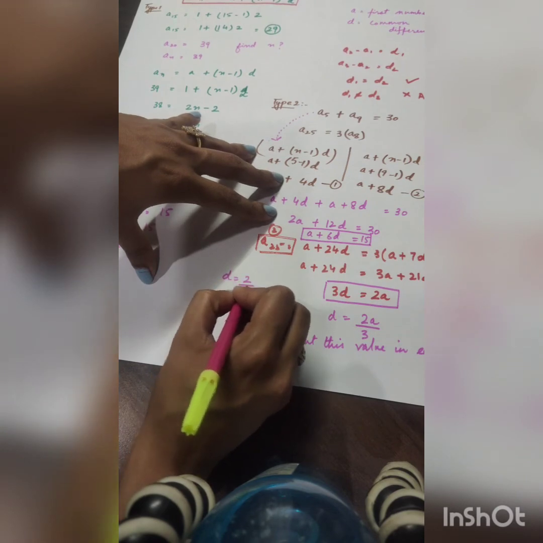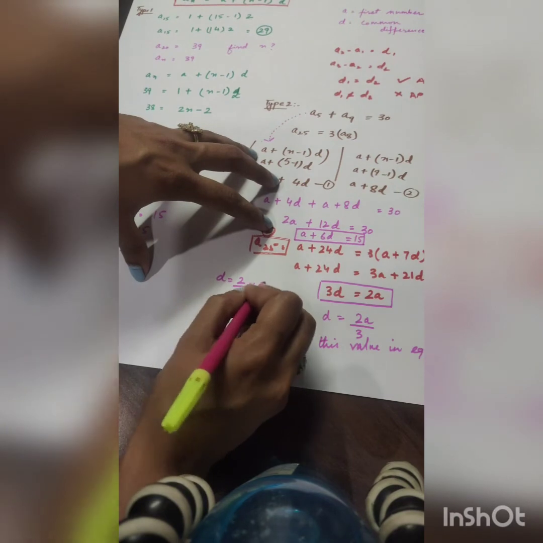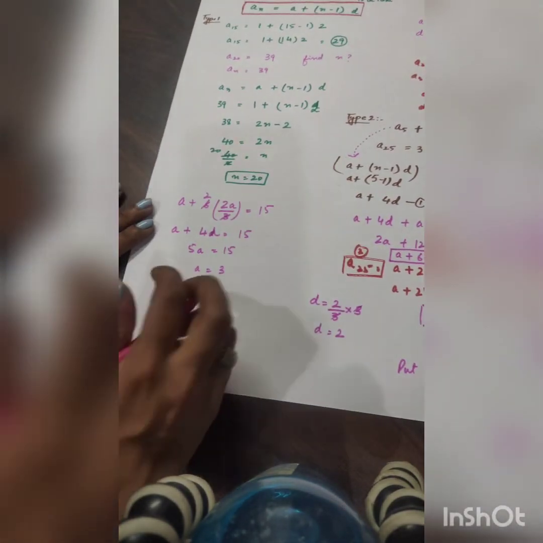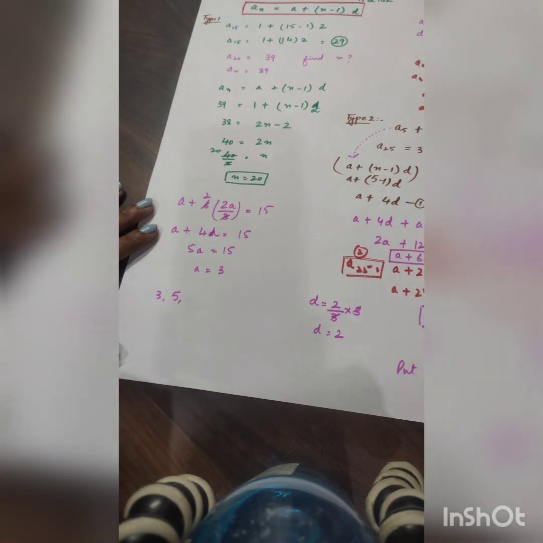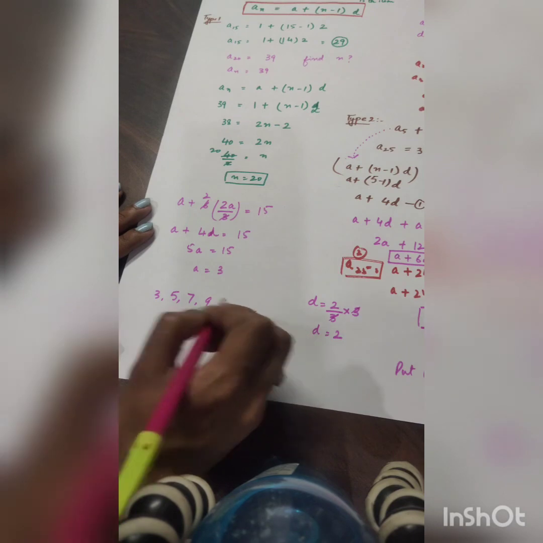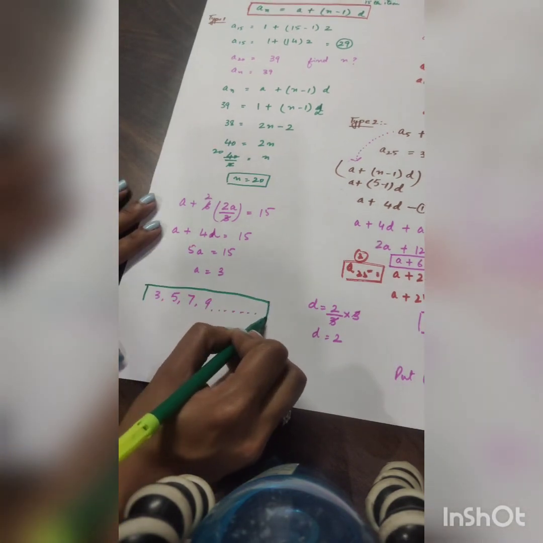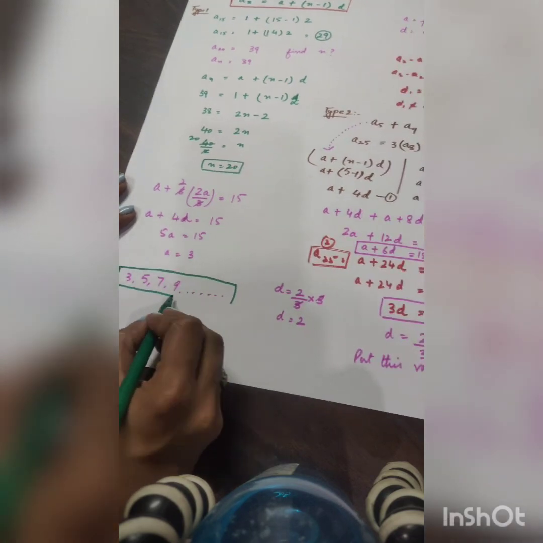D is equal to 2 upon 3 and the value of A is 3, right? So D comes to 2. Now just add 2 to 3 gives you 5. Then add 2 to 5 gives you 7, 9 and so on. So the resultant is that this is your arithmetic series for this specific question.